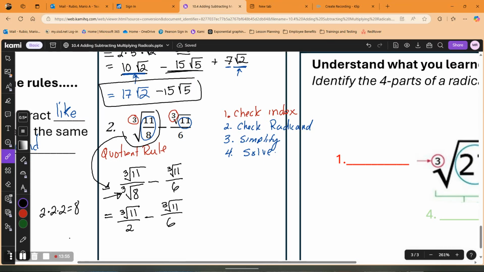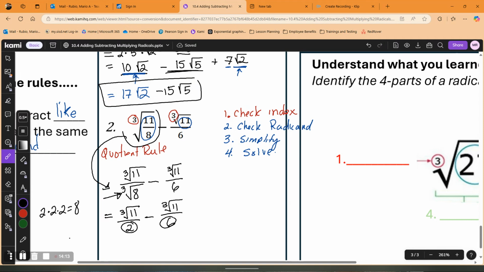Okay. Now I want to subtract these, but I don't have the same denominator. So now it's like we're combining radicals on top, but fractions on the bottom. We've got to remember the rule that we can't add or subtract fractions without having the same denominator.